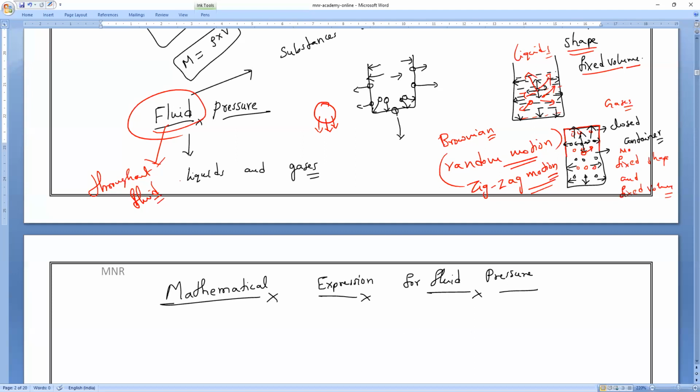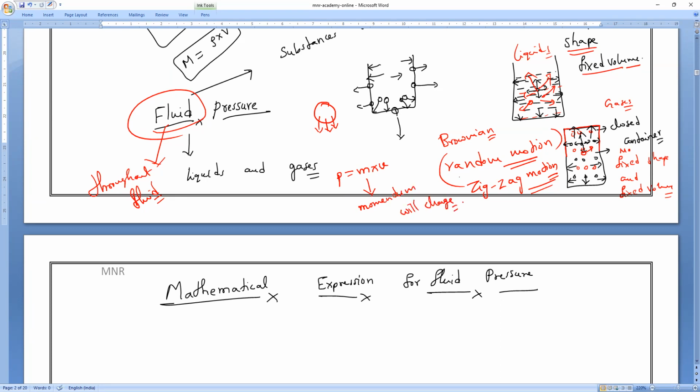Now, when the particles keep on hitting, the physics concept of momentum comes in. As particles keep hitting, the velocity keeps changing, so will the momentum change or not? Yes, everyone, momentum will change.